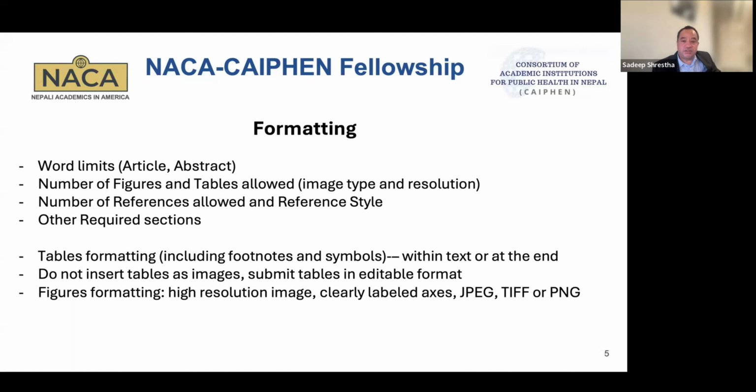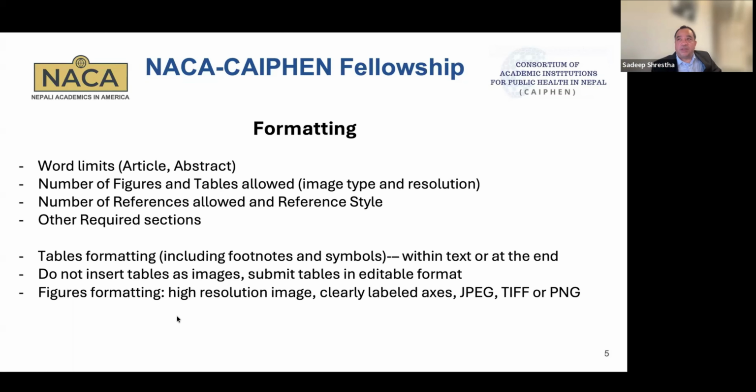Also, pay attention to the table formatting, including footnotes. Sometimes they are very specific in terms of what symbols you can use on the footnote. Some will go with numerical numbers 1, 2, 3, 4. Others might go with A, B, C, D. Others might use symbols like a cross sign or a plus sign or dollar sign and whatnot. Okay.